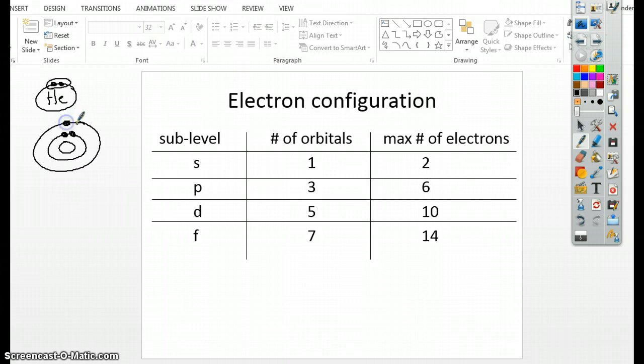First it's going to fill the S, and then an electron is going to go to each of the P's, and then it will pair up. So this right here is 1s2, 2s2, and each of these is a P, 2p4.